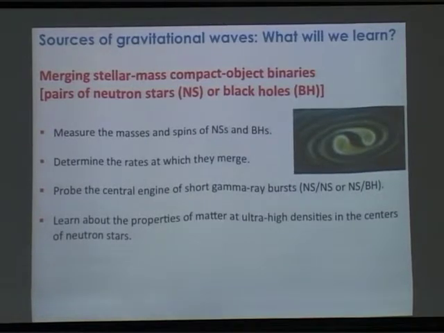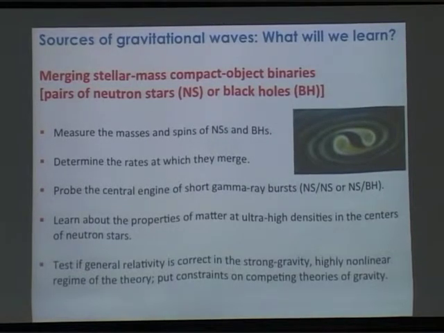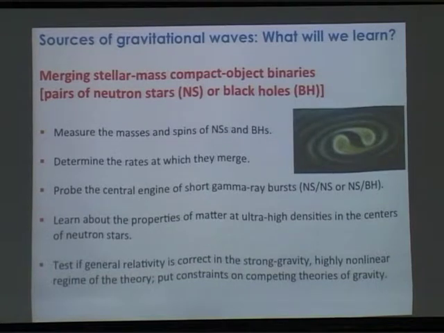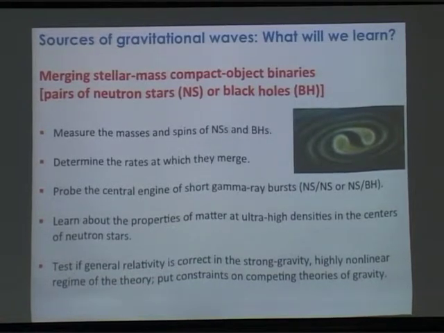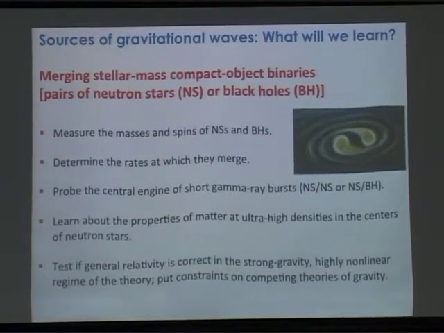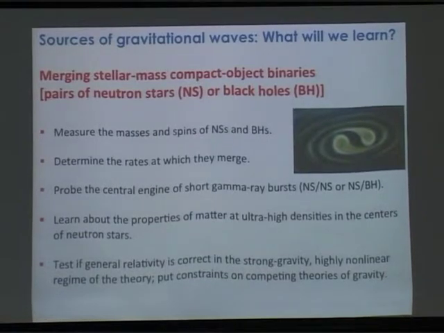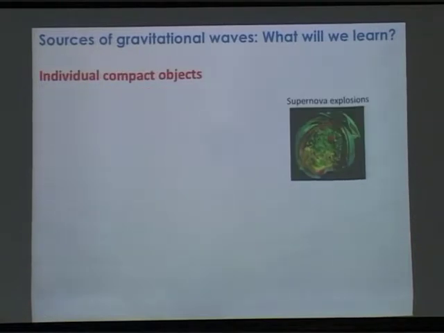So we'll learn about the properties of ultra-dense matter. And we hope ultimately that we'll be able to test if general relativity is correct in the strong gravity regime, right? So far, we've really only tested relativity on solar system scales. So we'd like to be able to put better constraints on alternative theories of gravity.